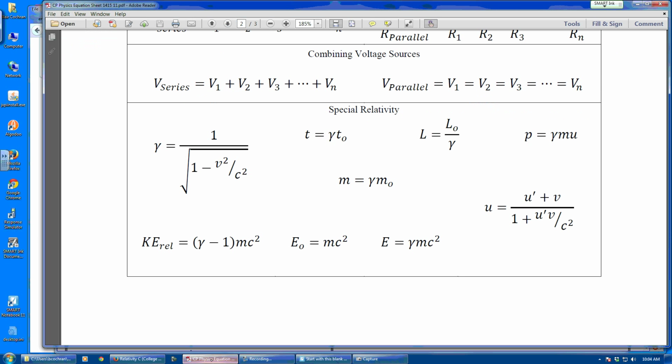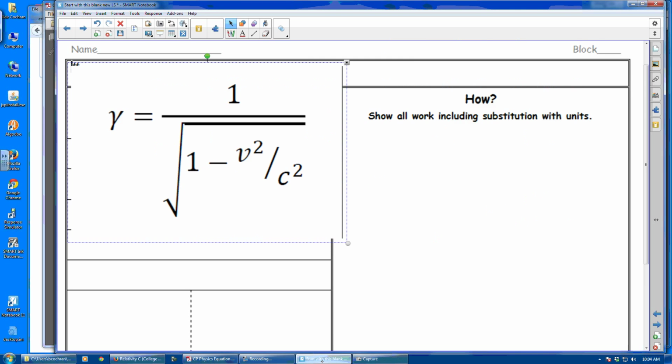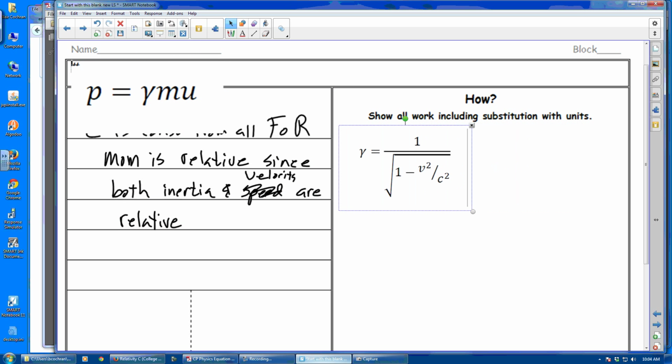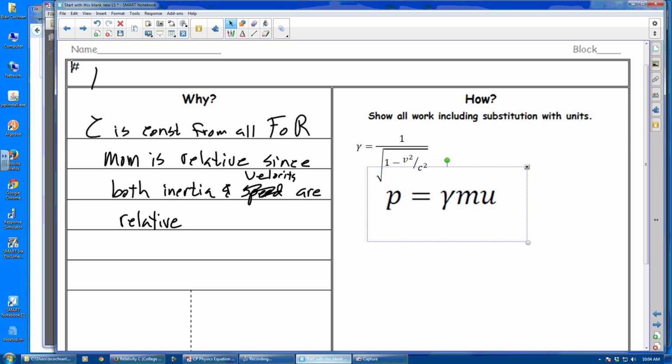So, let's flip to our how, and we need the equation. It's right there for momentum. And since we're looking at different frames of reference, we need to grab the Lorentz transformation also.